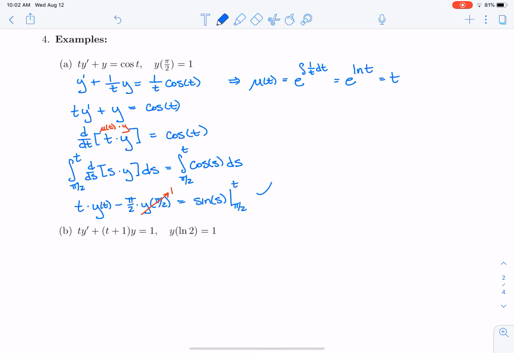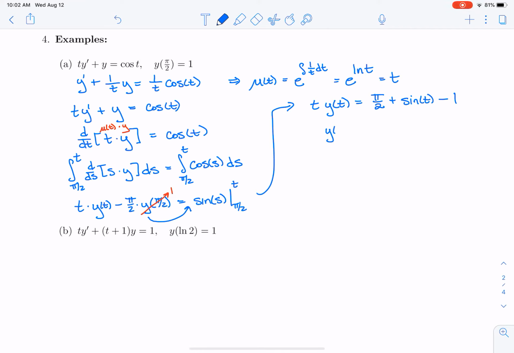So I'm going to keep this going. So I'm going to get that t times y of t is equal to, I'm going to go ahead and bring the pi over 2 to the other side, and then plus sine of t minus sine of pi over 2. Sine of pi over 2 is just 1.